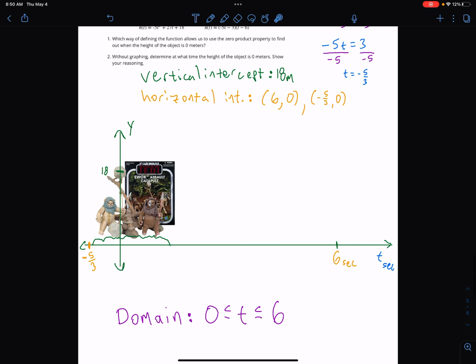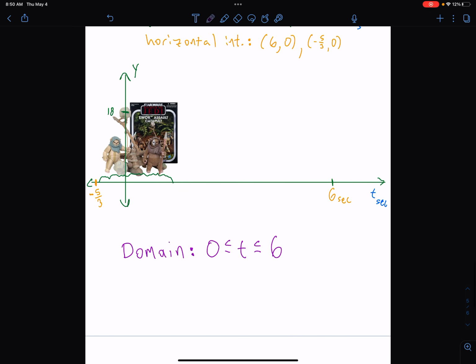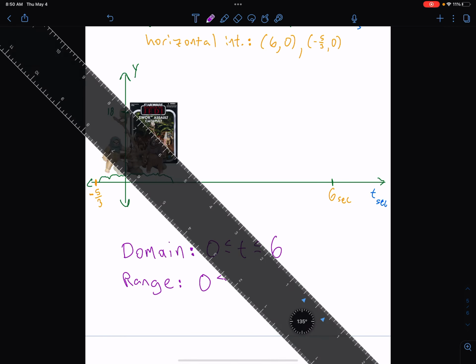All right, now let's talk about the range. We started our range, so I might as well throw that down here. The possible heights that this projectile could reach. We know at least it got up to 18 feet, but knowing the shape of a parabola, we know it's probably going to get higher than 18, but we know it's going to reach a minimum of 0, because we're probably not going to shoot this thing into a well or some crater or hole.